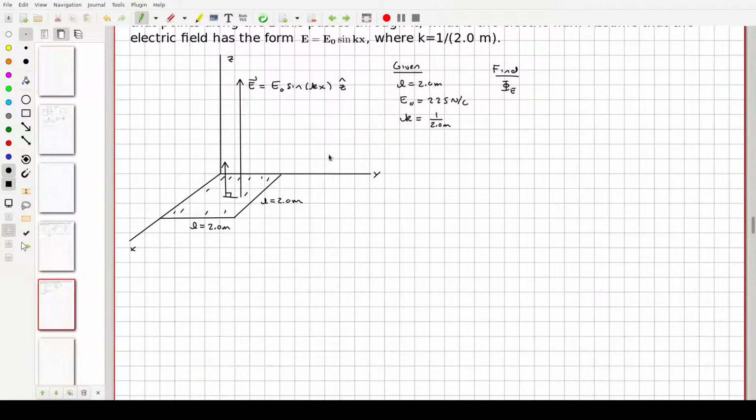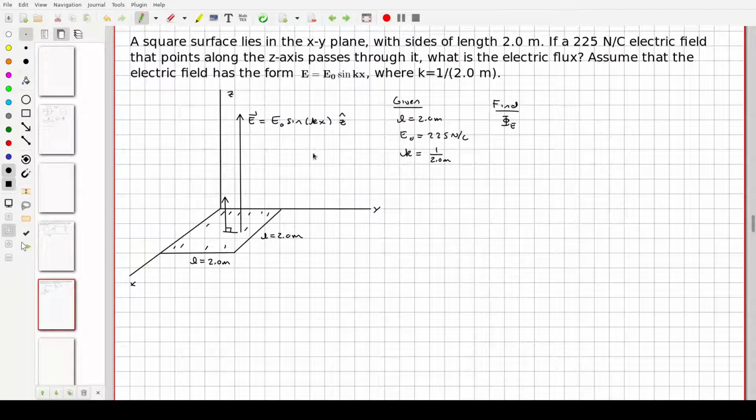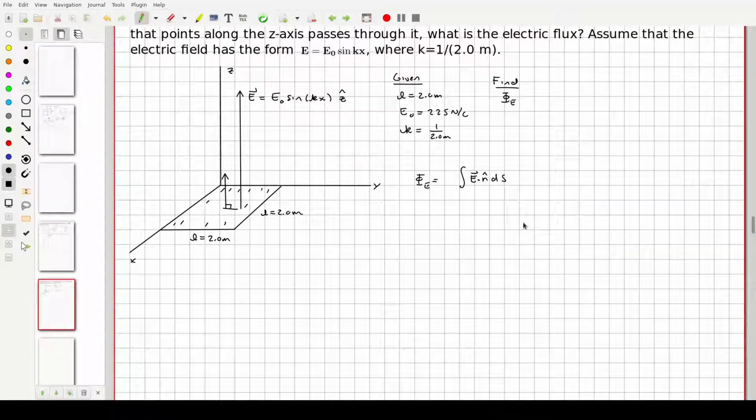Now, this is an example in which you cannot just assume that your electric field is constant or that your area is constant. In this case, our area is constant, but our field definitely is not. Which means, unfortunately, that we have to use the version of electric flux that looks like this. It is the integral of our electric field dotted with the normal, integrated over the surface that it passes through.